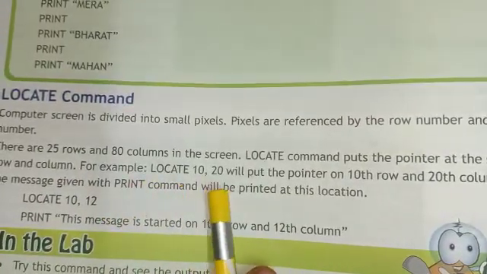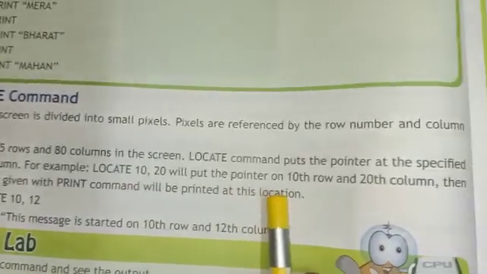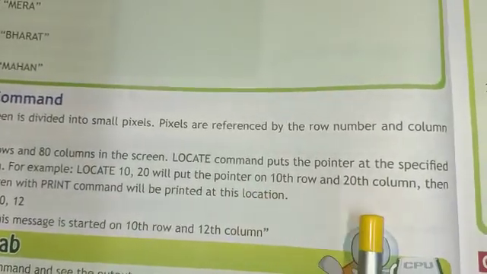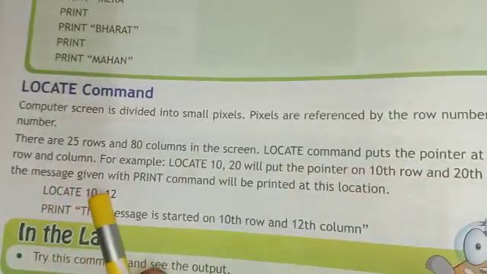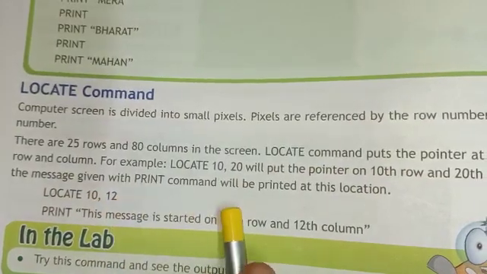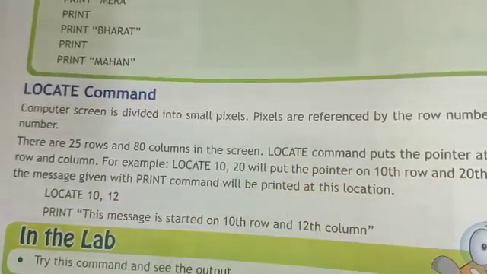For example, locate 10,20 will put the pointer at the 10th row and 20th column. Then the message given with the print command will be printed at this location.